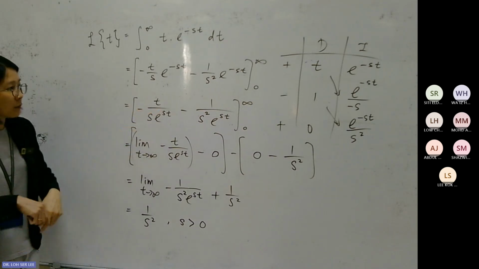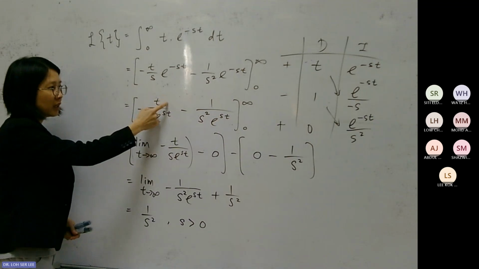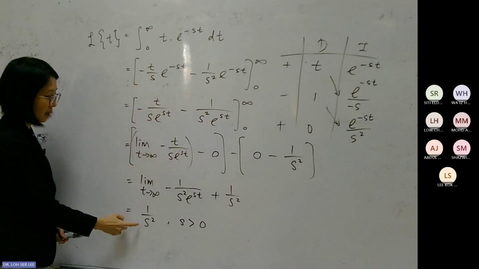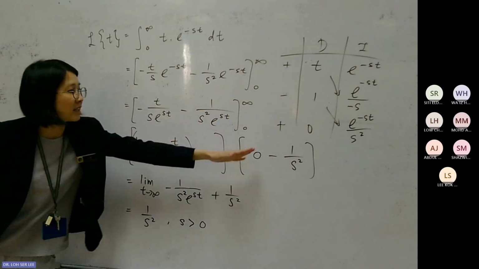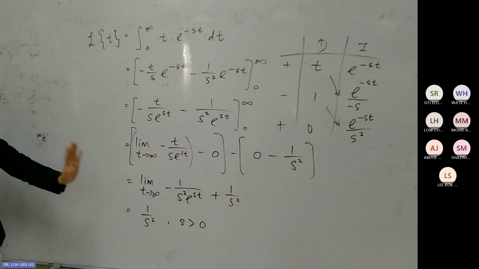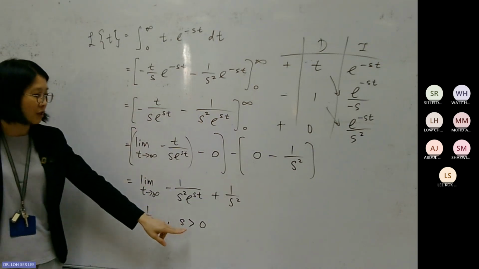Imagine if your s is negative, your exponential will be in the numerator. You have infinity times infinity, so you get infinity no matter what the rest of the function is. But that is not what we want. We don't want infinity. That's why we have this assumption.